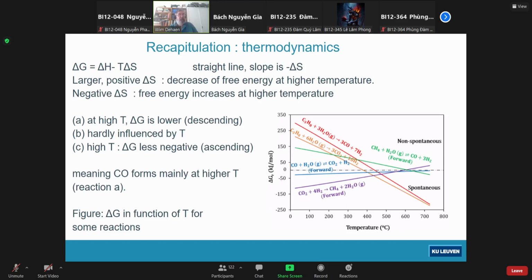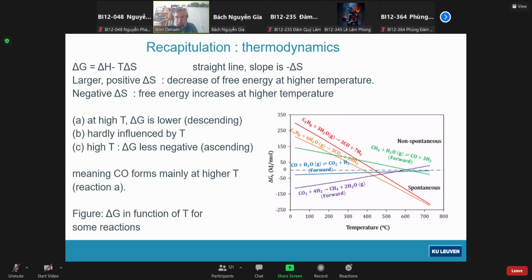And in general, if you have more gases after your reaction than before, that means you have a large positive delta S. And so in that case, you're actually going to go against the temperature, and you will go up, like in the purple line, for instance.